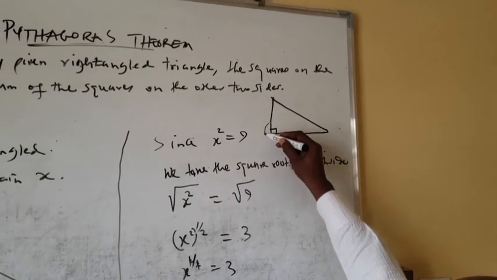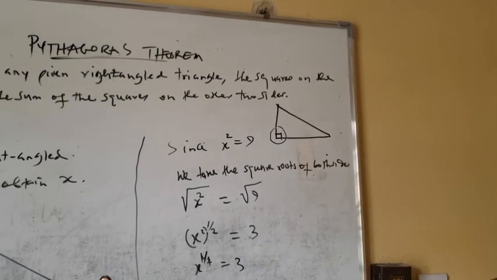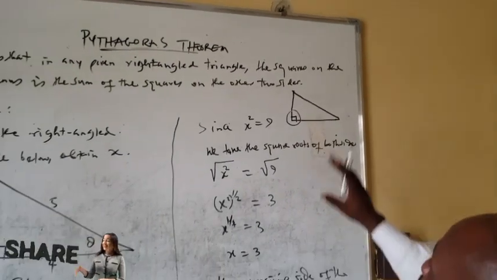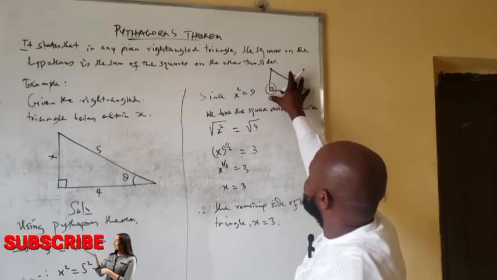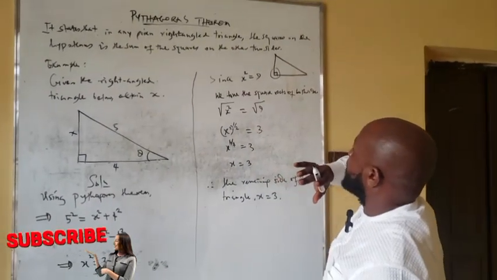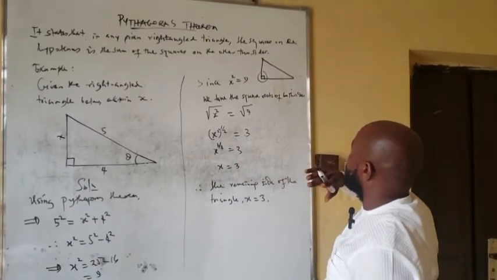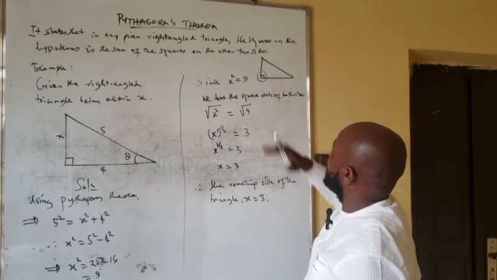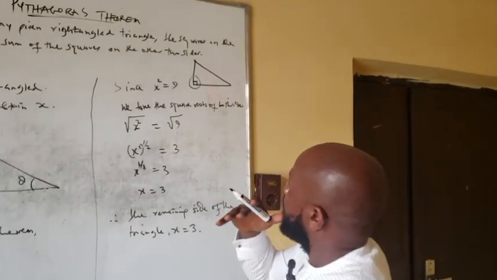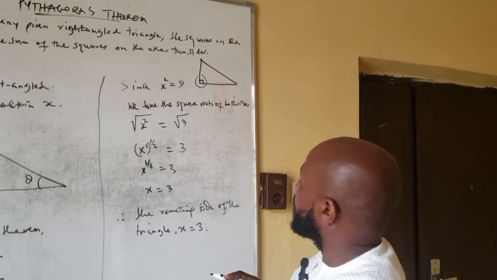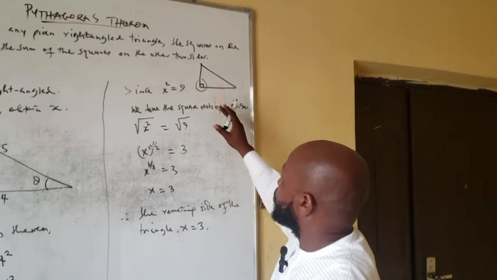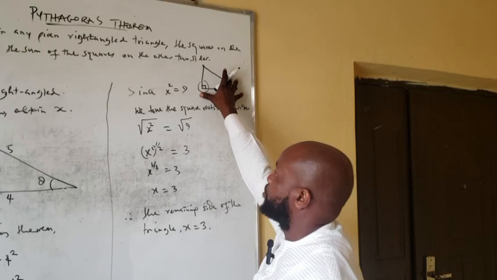So it's right-angled at this particular angle, which is 90 degrees, okay? Whenever we are given any triangle of this nature, that means we can use Pythagoras theorem to get information about this triangle. And Pythagoras theorem cannot work unless the triangle concerned is a right-angled triangle.